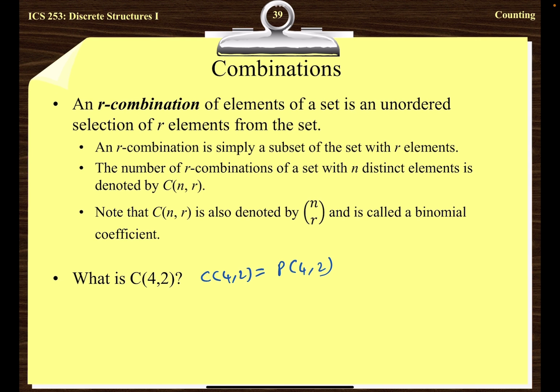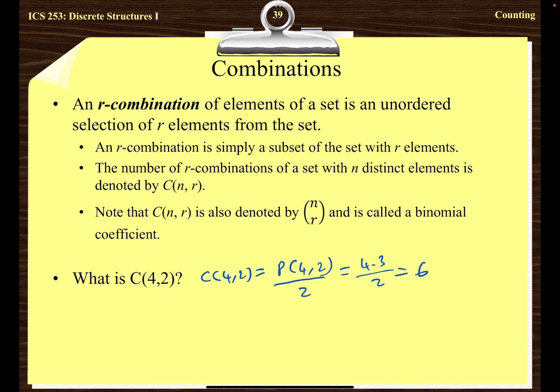Because see, if you have any subset of size 2, what are the different orderings of those elements? Either A1 A2 or A2 A1, right? Is there any different order? There's no other order, right? So C(4, 2) is nothing but P(4, 2) divided by 2, which is 4 times 3 divided by 2, which is equal to 6, right?